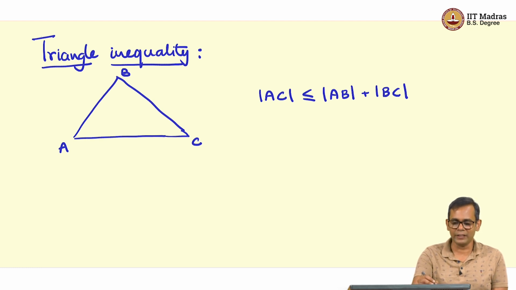Now, in vector notation you can write this in a slightly different form. So, let us call the vector that goes from A to B as the vector x.